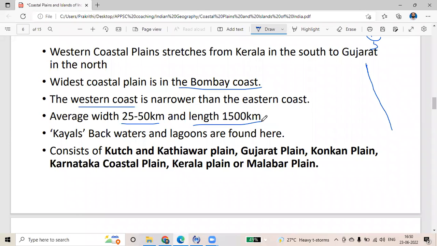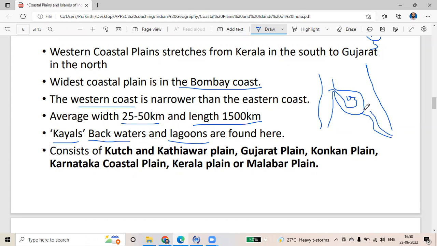And one of the peculiarities of this region is that there exist multiple lagoons and backwaters, or we will say kayals. In this coastal area, there will be an extension of the sea inside, so water enters here.